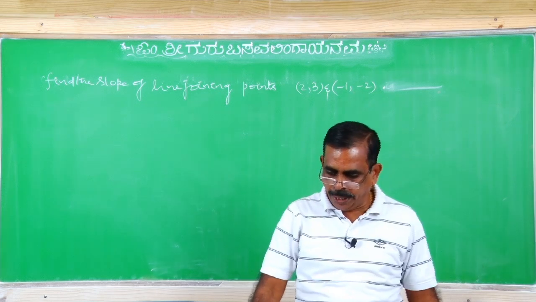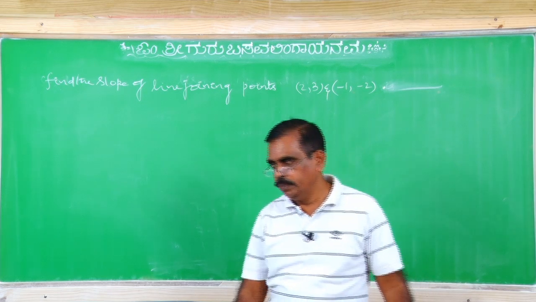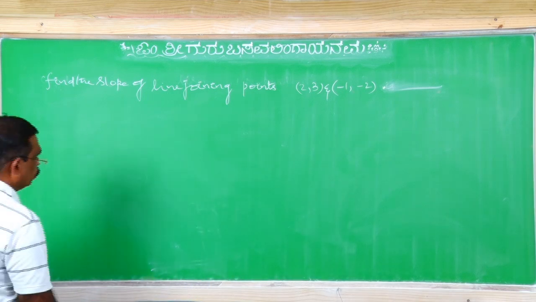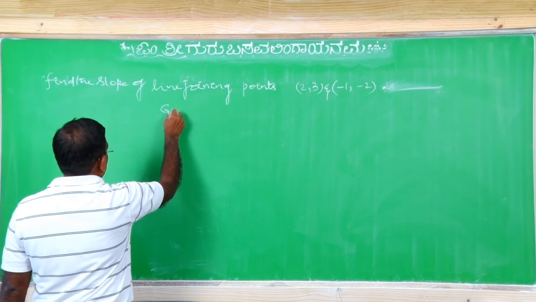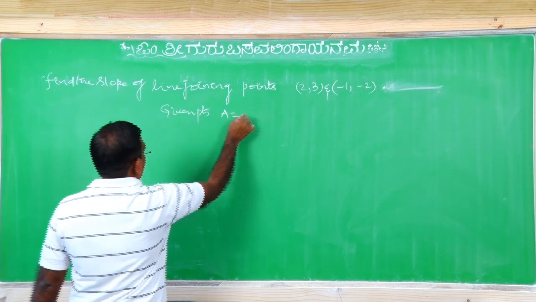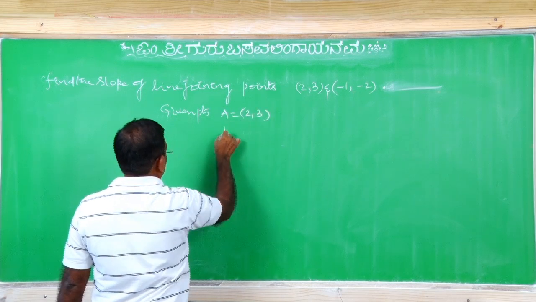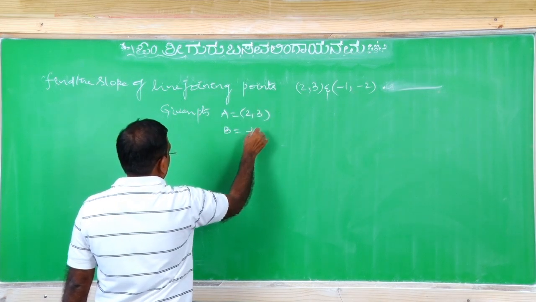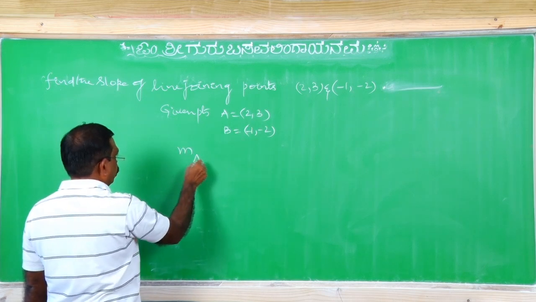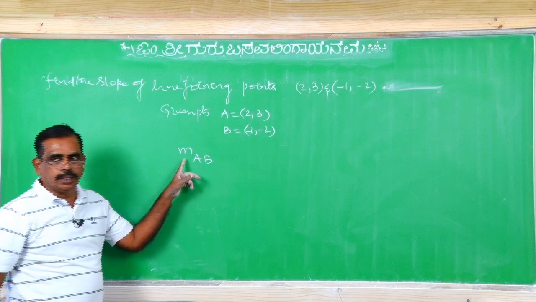Given points A (2, 3) and B (-1, -2). Slope of AB is denoted by MAB, small letter, in this manner.